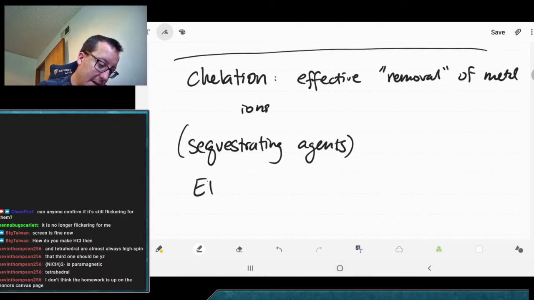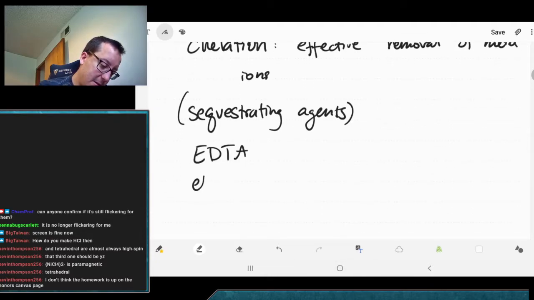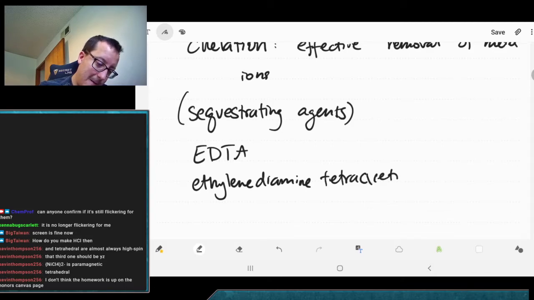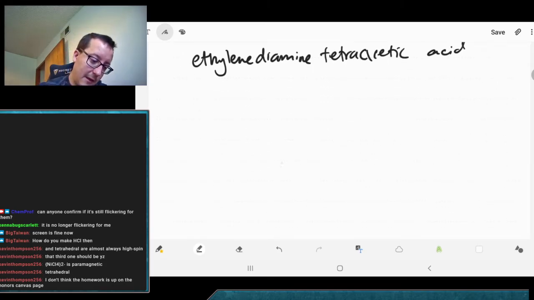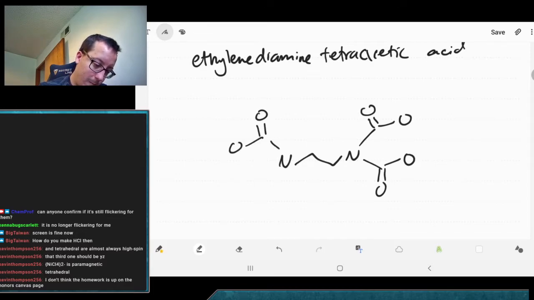A very common one is EDTA, which is ethylenediaminetetraacetic acid. And so EDTA looks like this. And if we put all of our lone pairs on, we see we have 4 negative charges here.